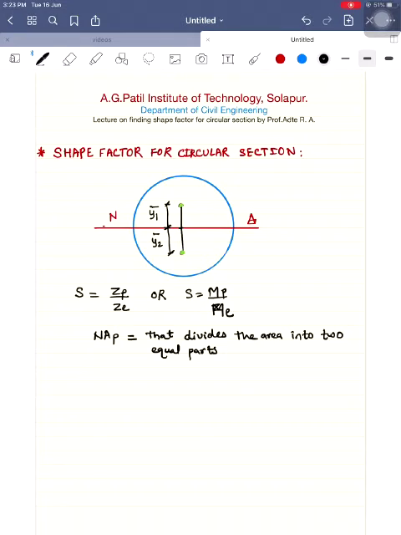Whereas in case of elastic analysis, the elastic neutral axis would be the axis which passes through the centroid of the section.